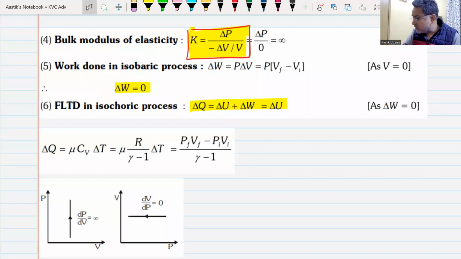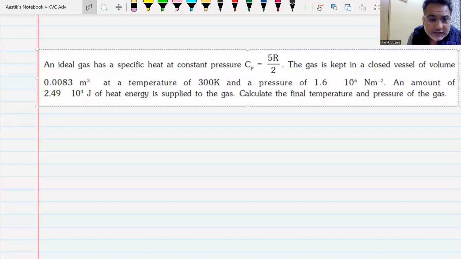We have solved almost all types of questions here. I will just give you one question. If you can solve this question, that means every question is already done apart from this one. This question has some values, so you have to be careful.